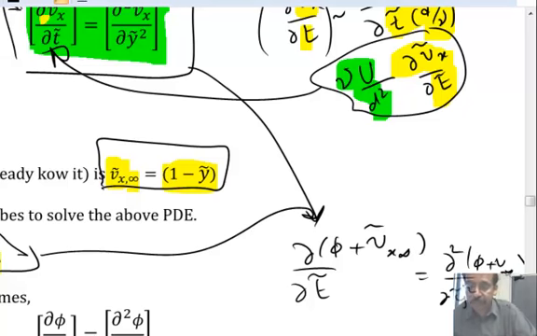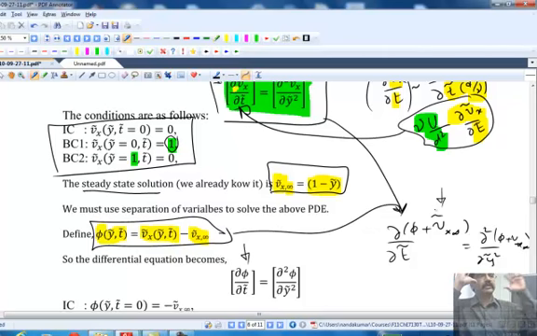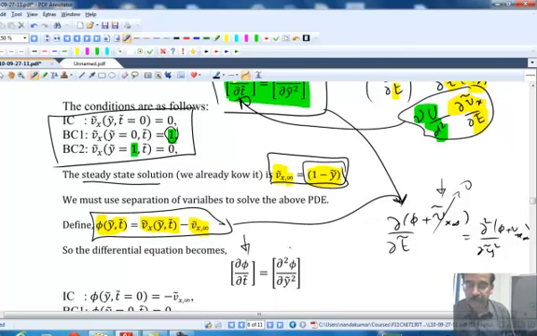Now on the left hand side, what would happen when I take the derivative with respect to phi? It will remain as it is. But when I take the derivative with respect to Vx infinity, what would happen? It's 0, because Vx infinity does not depend on time. So this will drop out. Similarly, when you take the next term, d square Vx infinity dy square, because the velocity profile is linear, the first derivative will be a constant and the second derivative will be a 0.